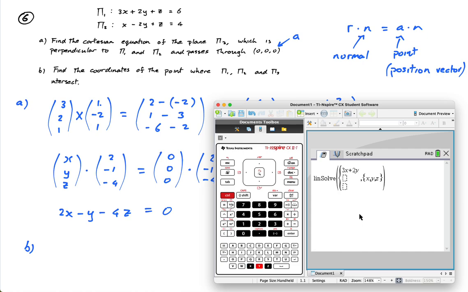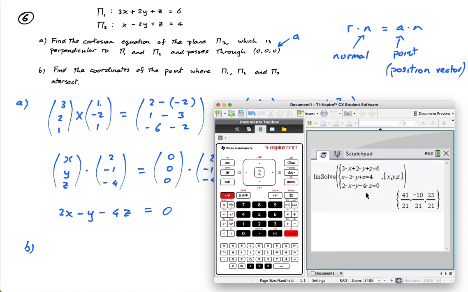Then you just type in the equations: 3x plus 2y plus z equals 6, x minus 2y plus z equals 4, and then my final equation is 2x minus y minus 4z equals 0.